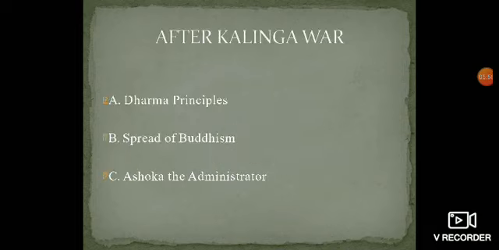This is because of the impact of the Kalinga War. He learnt and he started spreading Buddhism. This happened after the Kalinga War. So after the Kalinga War, he started following Dharma principles. He spread Buddhism and he became a very good administrator.